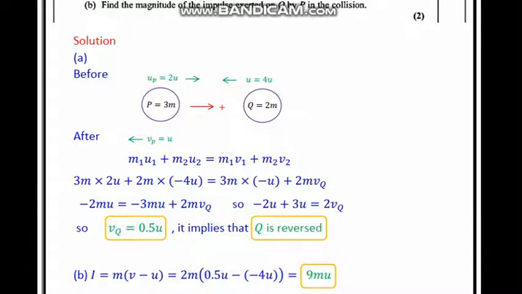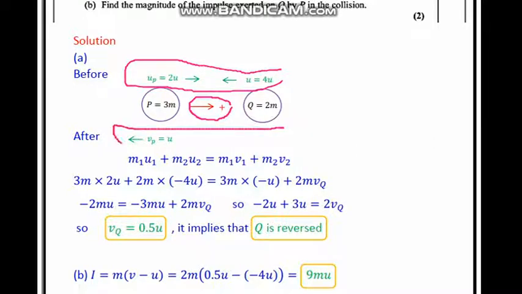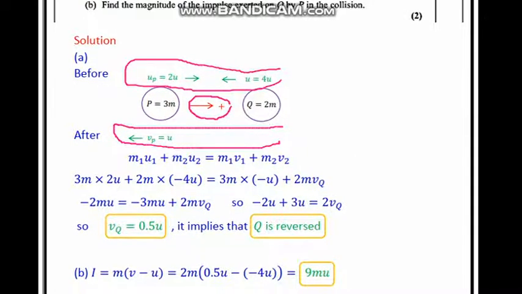To solve the problem, we draw it, and we take the initial direction as the positive direction, and this is the velocity before collision, and this is the velocity after. So replace and then simplify. Replace m1 which is 3m, u1 which is 2u in the positive direction, m2 which is 2m, u2 in the opposite direction of the positive one, so it will be negative 4u as you see.